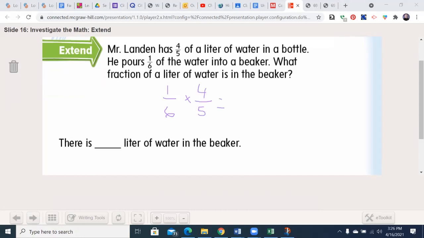So I multiply the numerators and the denominators. I get 4/30. Both of those are even numbers, so I'm going to divide top and bottom by 2, and I get 2/15. So there's 2/15 of a liter of water in the beaker. So multiply the numerator, multiply the denominator, simplify.